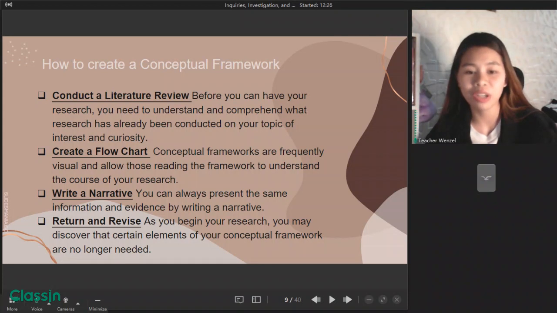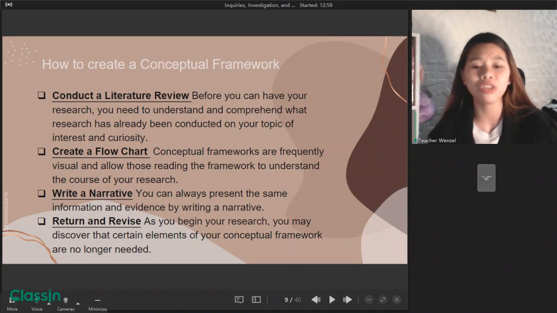However, if you include a diagram in your conceptual framework, you also write a narrative to explain the features. So, when you have a flow chart, it also has a narrative to explain the features. To create a visual order of information, use bolded headers to divide portions of your narrative. And then return and revise.